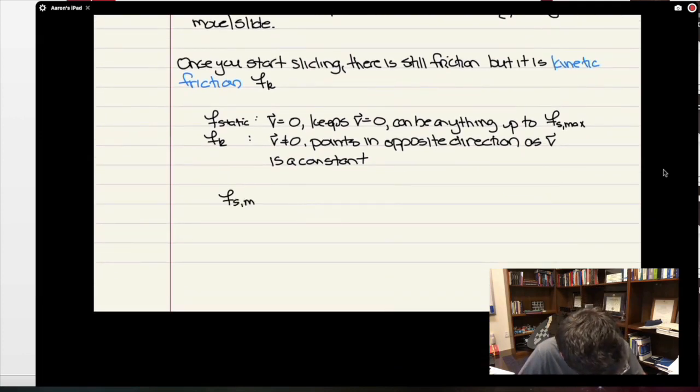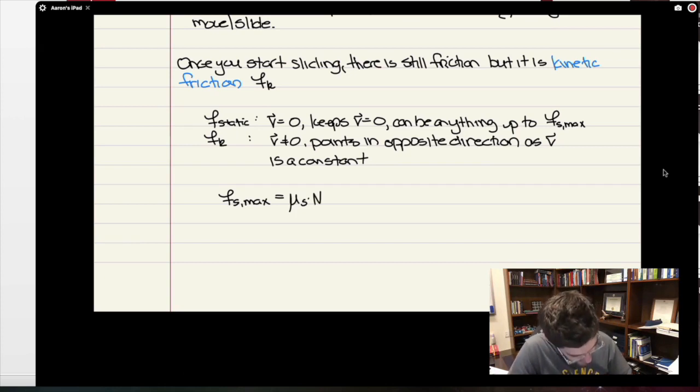So this F static max, we model as some number times the normal component, or the normal force, that is acting on the object that is experiencing friction.